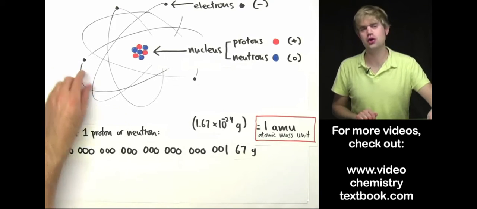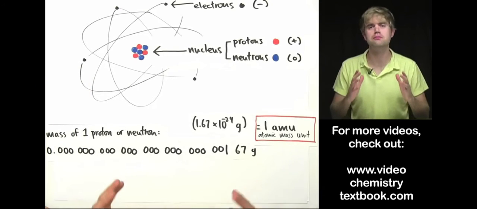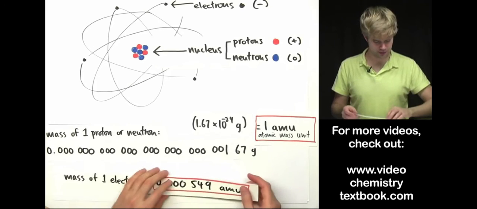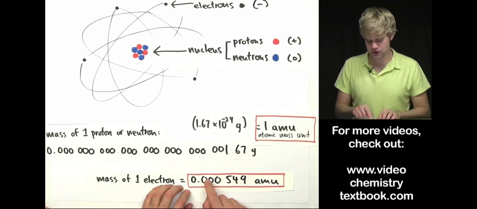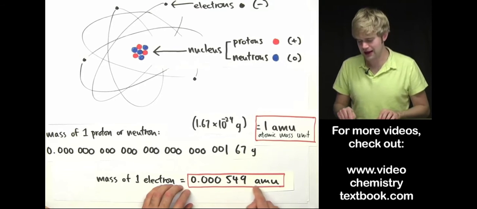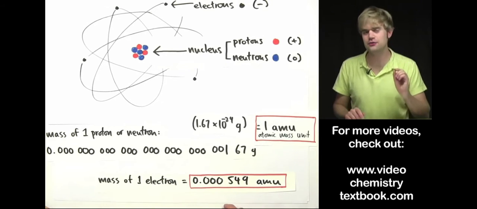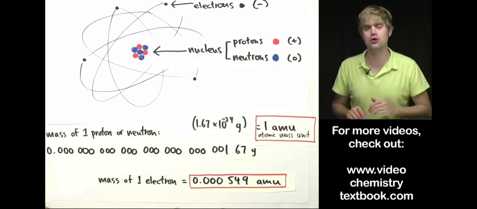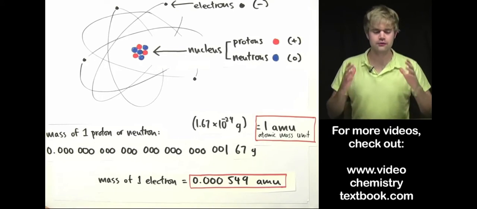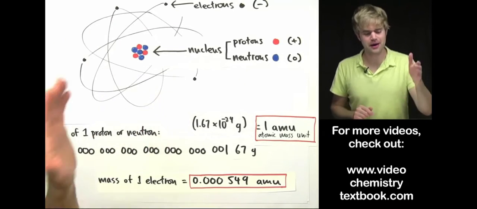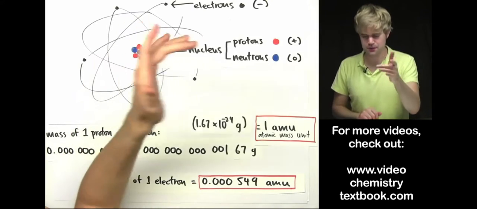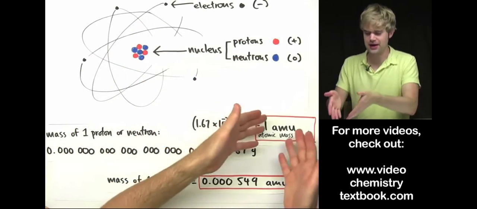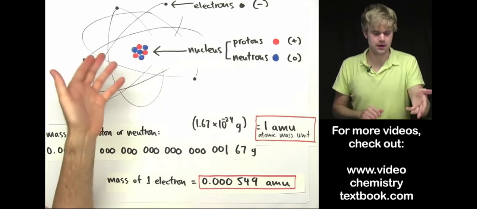An electron, on the other hand, is much, much, much smaller than a proton or a neutron. It weighs only 0.000549 AMU. So a tiny fraction of how much a proton or a neutron weighs. For this reason, when we're talking about the mass of atoms, which we'll talk about later on, we usually add up the protons and neutrons to find out how many AMUs the atom weighs.